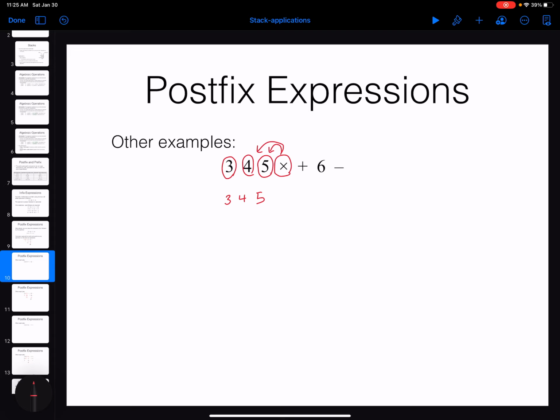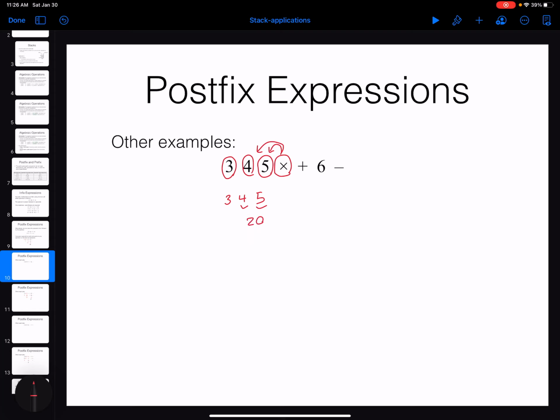I don't care about 3. The closest items that I have seen are 5 and 4. So you apply the operator to these two operands, calculate the result and keep the result. So instead of 4 and 5, I will need to keep 20.